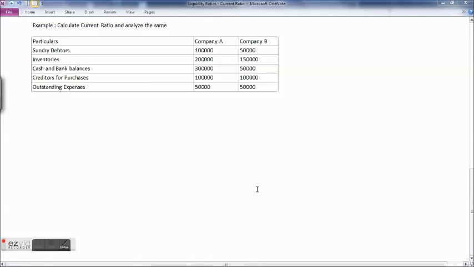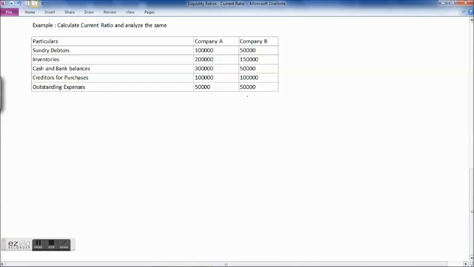We have to calculate the current ratio and then analyze it for both company A and company B. We are given the following information: sundry debtors 1,50,000 in case of company B, inventories 2 lakh and 1,50,000, then bank balances 3,50,000 and for company B 50,000, creditors for purchases 1 lakh, outstanding expenses 50,000. Now if you note, their current liabilities are the same, right? Creditors for purchases and outstanding expenses are both the same, 1 lakh and 50,000.